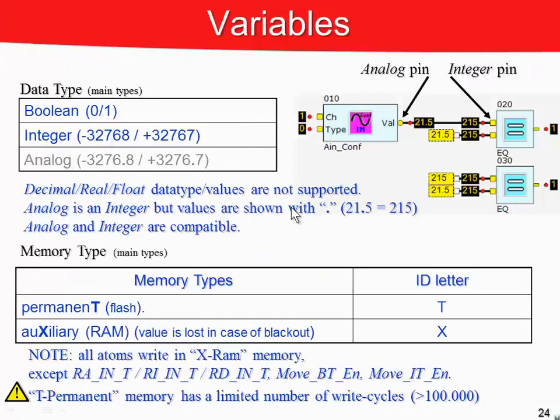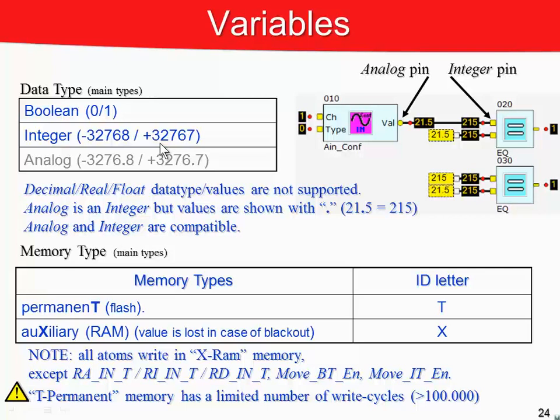In fact, in 1Tool, in the FBD language, there are only two data types: Boolean for variables in the range 0, 1, and integer, a 16-bit signed integer variable, that is for values in the range minus 32,000 to plus 32,000 and so on.